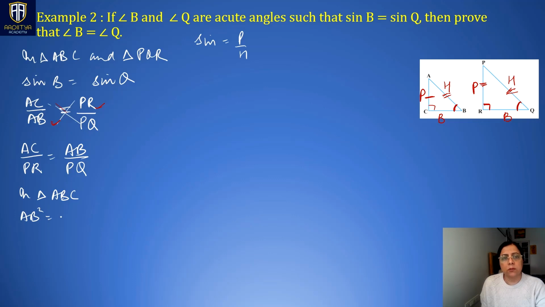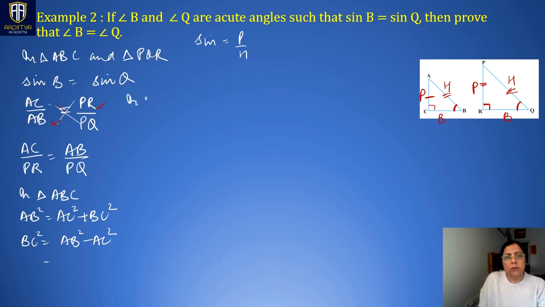AB square is equal to AC square plus BC square. I have got the ratio of these two sides. Now I'm looking for BC square. BC square becomes AB square minus AC square.